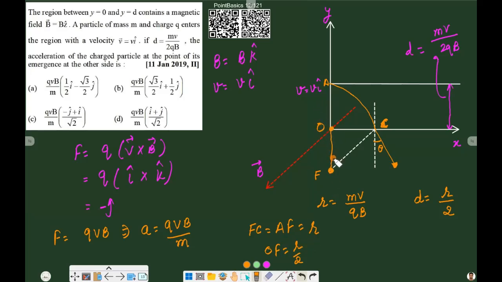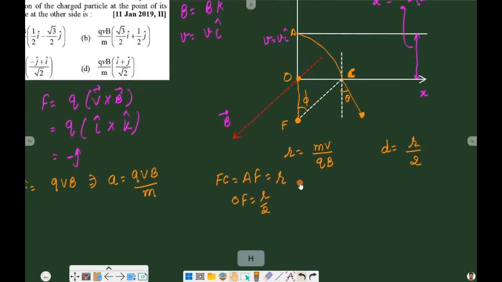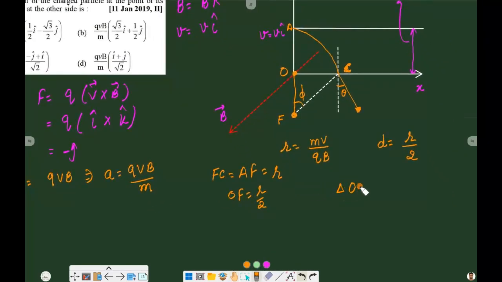Now let's consider we have an angle phi here. For triangle OCF, we know the value of the base and the hypotenuse. So cos phi is base by hypotenuse.